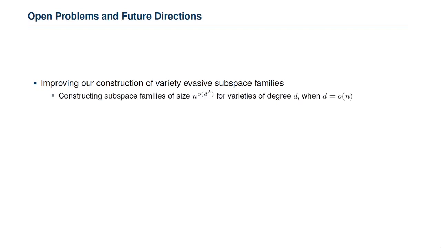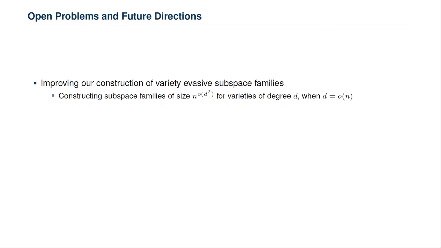Okay, so these are the applications, and finally, I want to give you some open problems and future directions that I found interesting. One problem is improving our explicit construction of variety evasive subspace families. In our construction, the size is basically n to the O of d squared, at least when d is little o of n.